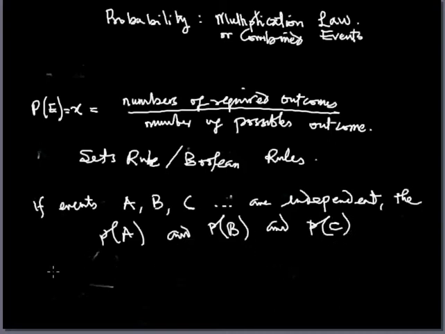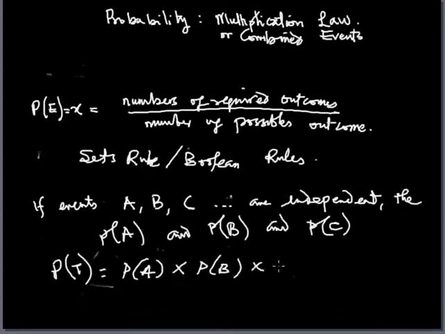Then to find the total probability, it is going to be P(A) multiplied by P(B) multiplied by P(C).